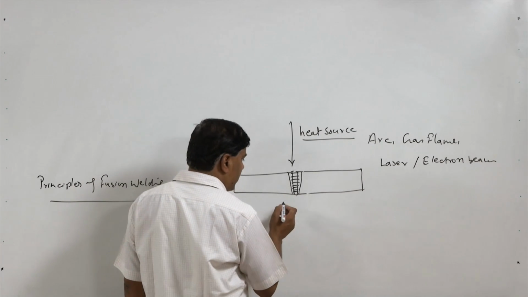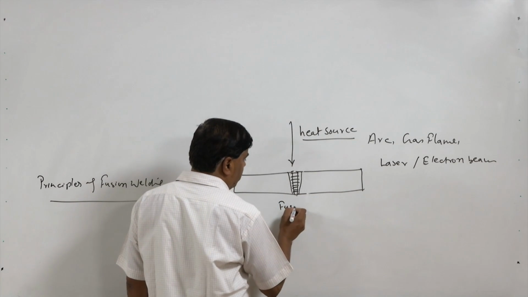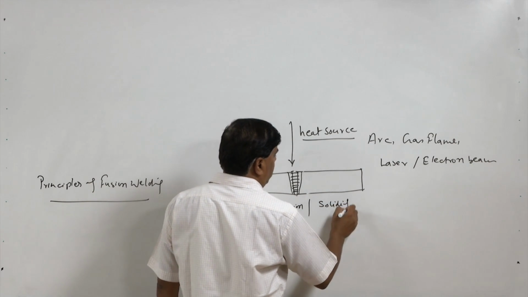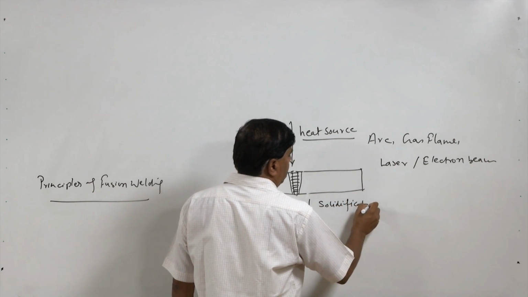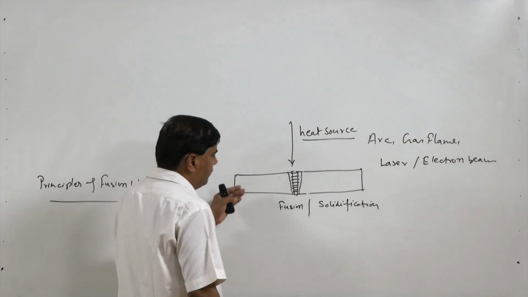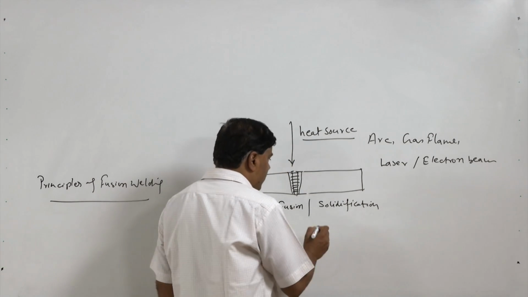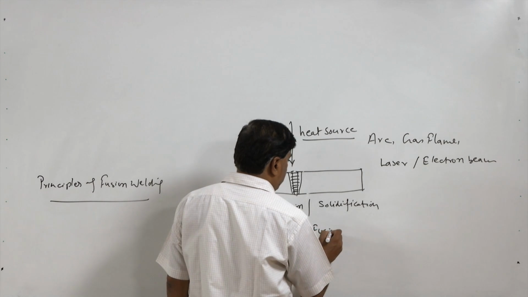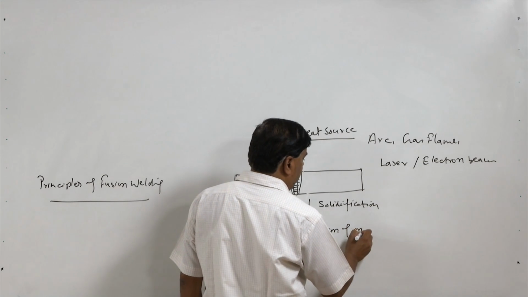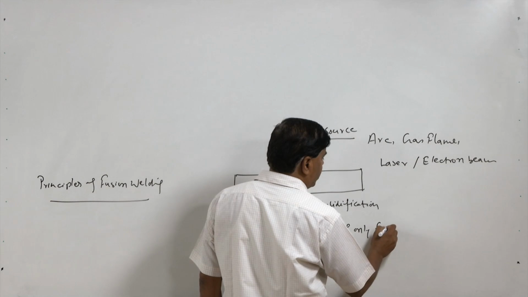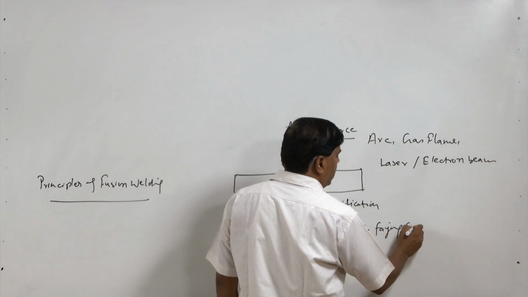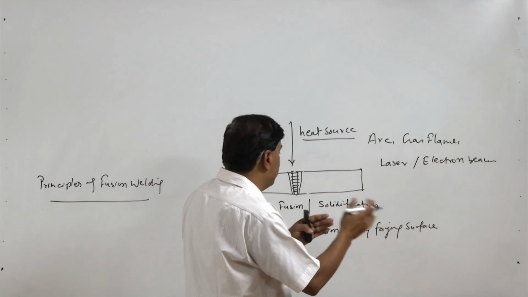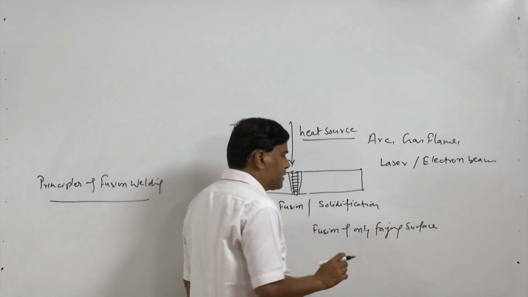So, two things are important. The first is fusion and thereafter the solidification, which will result in the metallic continuity from one end to another. Now, if the fusion of only the fitting surfaces is taking place, then the weld metal composition is considered to be almost the same as that of the base metal.